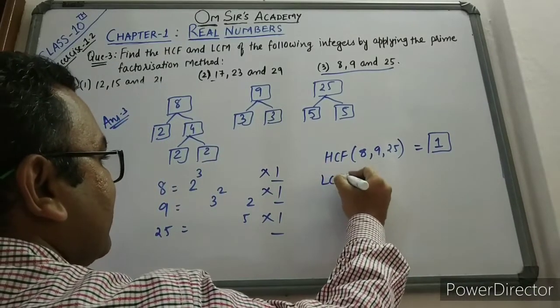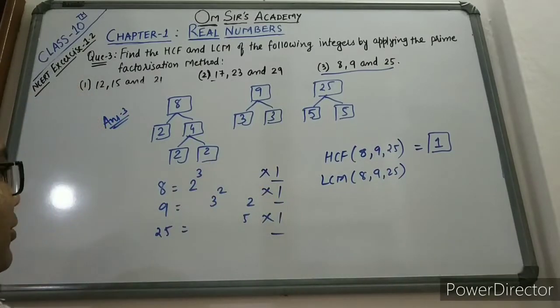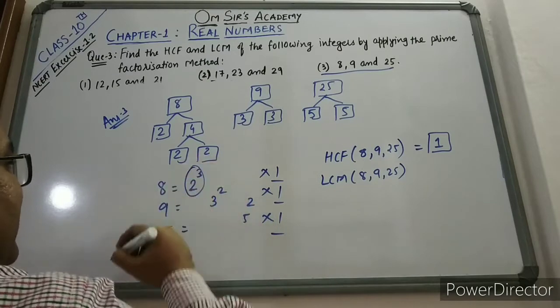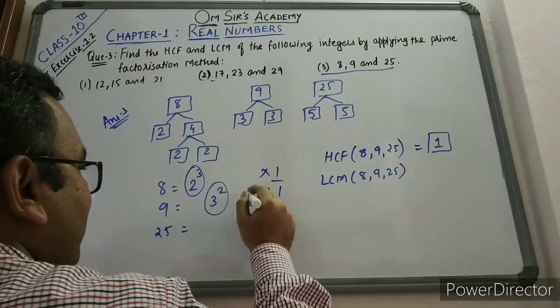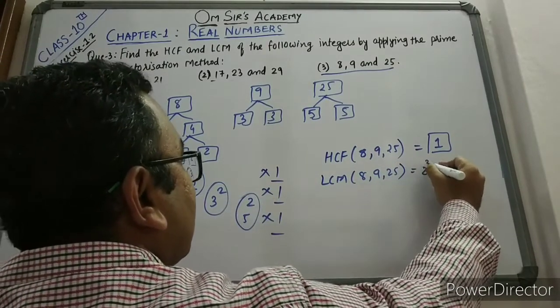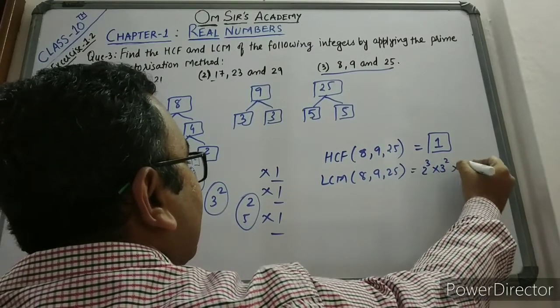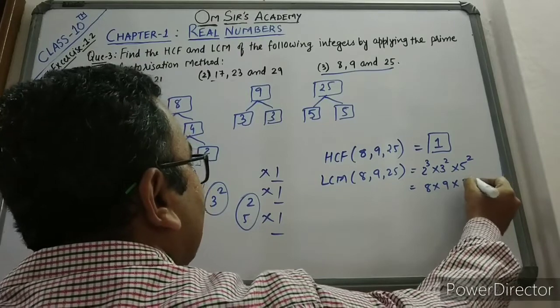And LCM of these three numbers 8, 9 and 25 will be multiplication of all these numbers. Is it clear? Why? Because there is nothing common. So highest power 2 में क्या है? 2 raised to cube. 3 में highest power 3 raised to square and 5 में highest power 5 raised to square. So multiply this all with highest power. So 2 cube into 3 square into 5 square. So it is 8 into 9 into 25.